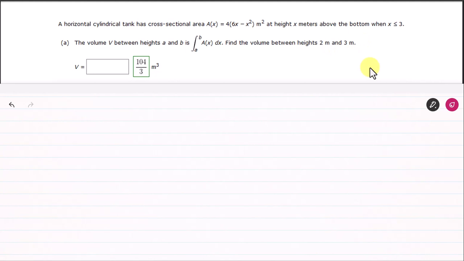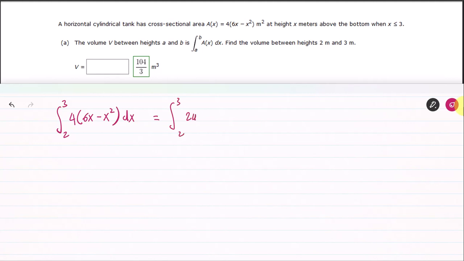So in this case, we simply take the integral between 2 and 3 of A of x, and A of x is just the expression given here, which is 4 times (6x minus x squared). You can use the power rule to take the integral from 2 to 3.